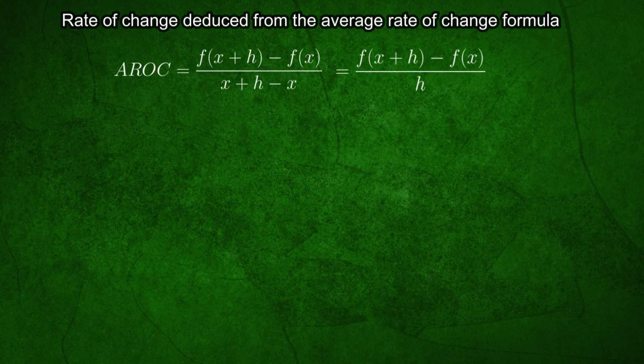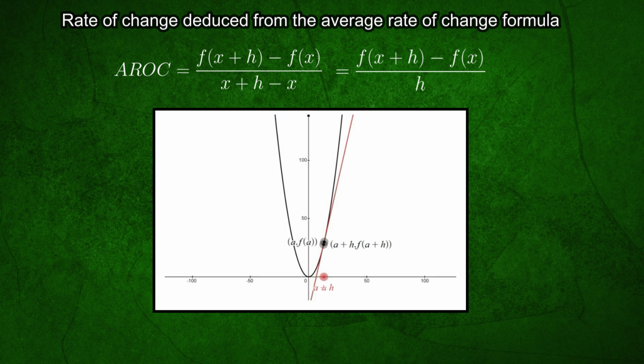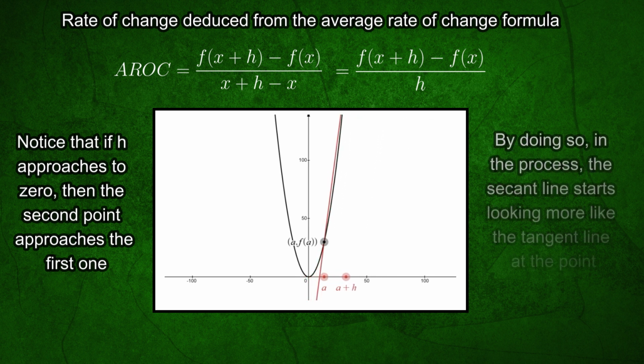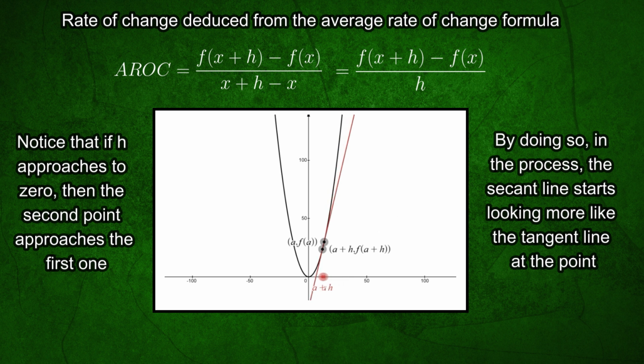We know that such expression represents the slope of the secant line that passes through the point x, f of x, and x plus h, f of x plus h. And when we approach the point x plus h, f of x plus h, towards the point x, f of x, we do this by approaching h equals 0.